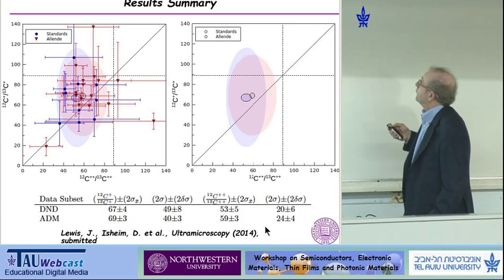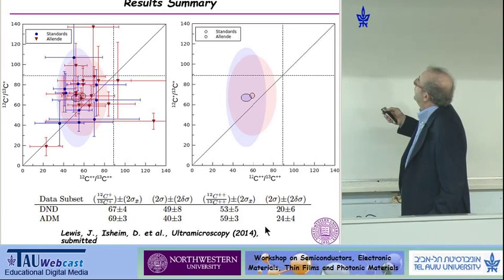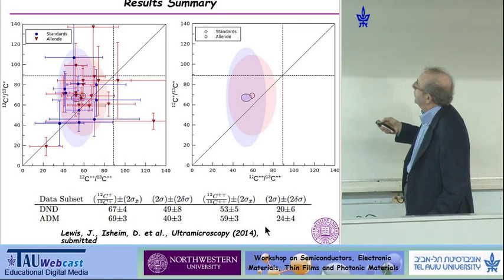Okay, so this is the same plot here of carbon-12 to carbon-13, singly charged, doubly charged. And these dashed lines, the vertical one and the horizontal line, you see this is about 89%. This is about 89% here. And those would be the terrestrial values.